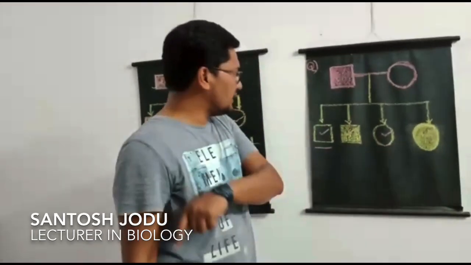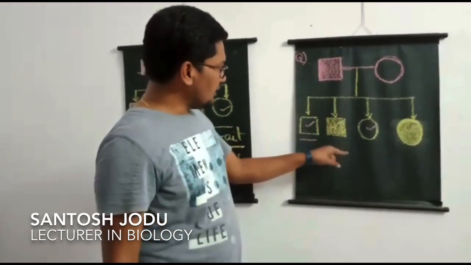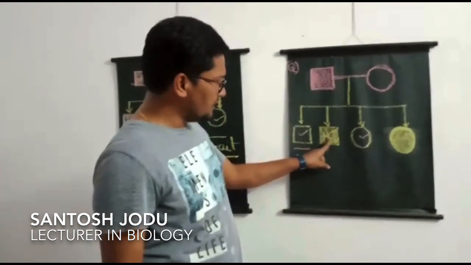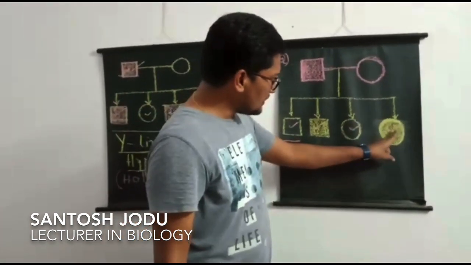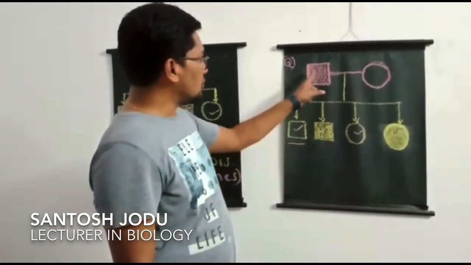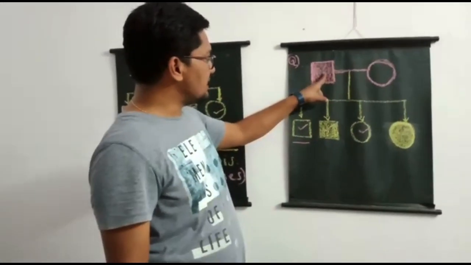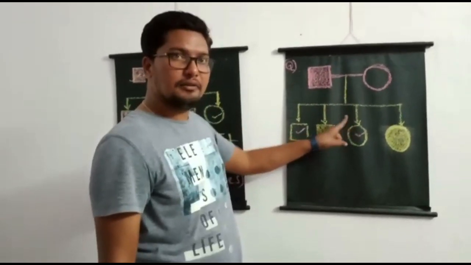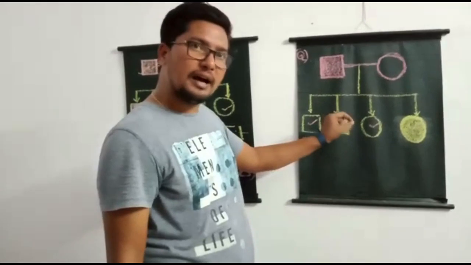And you can see here clearly 50% of the sons, meaning out of 2 sons, 1 son is affected, that is suffering from the disease. Out of the 2 daughters, 1 daughter is affected, that is suffering from the disease. So out of the 2 parents, 1 parent is affected. Out of the children, irrespective of the sex, 50% of the children are affected.